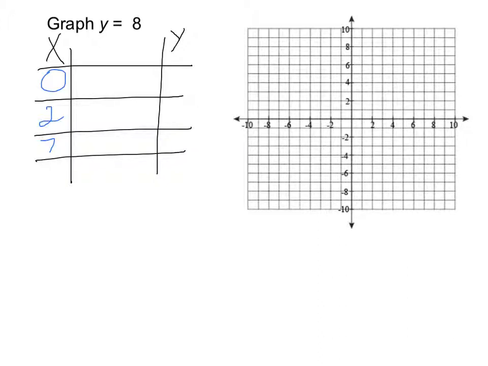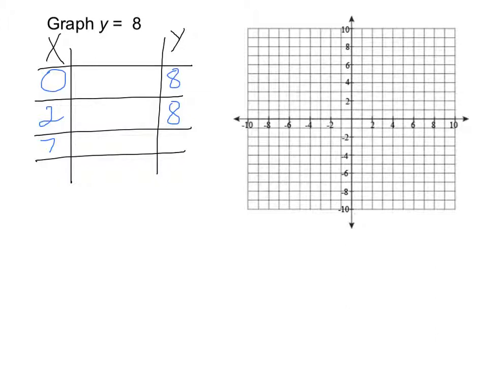So if x is 0, what is y going to be? Well, the equation says y equals 8. So if x is 0, y equals 8. If x is 2, what does y equal? Looking back at the equation, y equals 8. If x is 7, what does y equal?